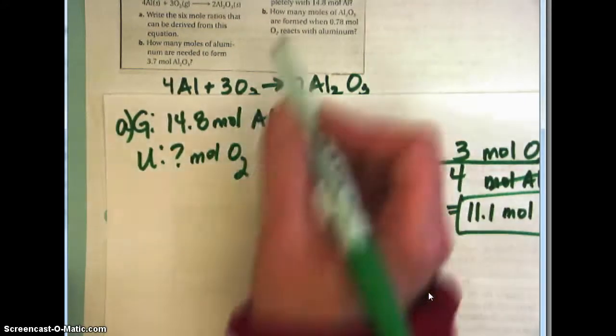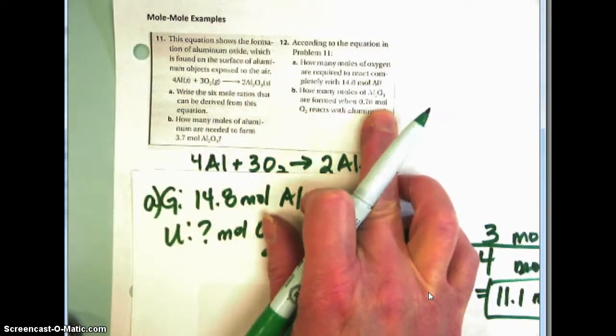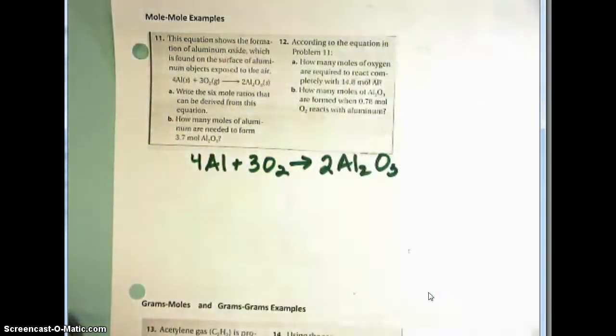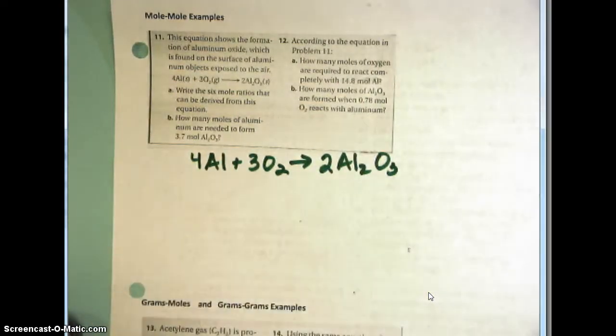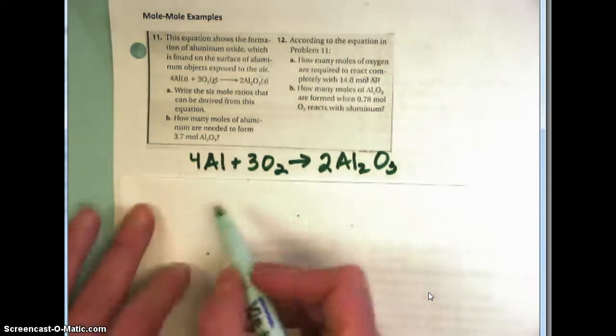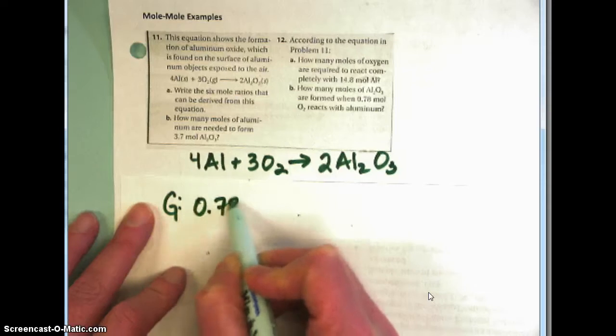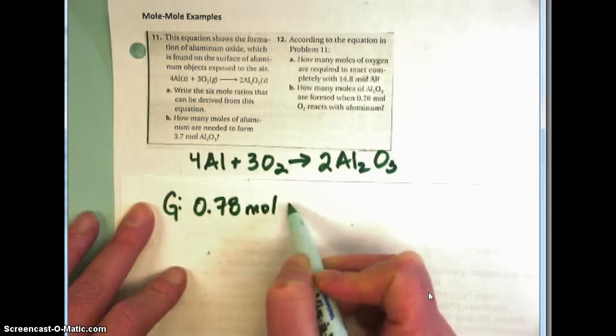All right, and finally, B, it says how many moles of aluminum are formed when 0.78 moles of oxygen reacts with aluminum. So the given here is 0.78 moles of oxygen.